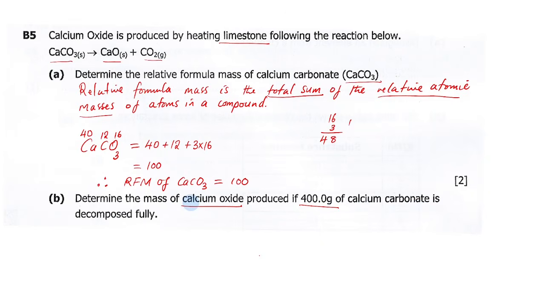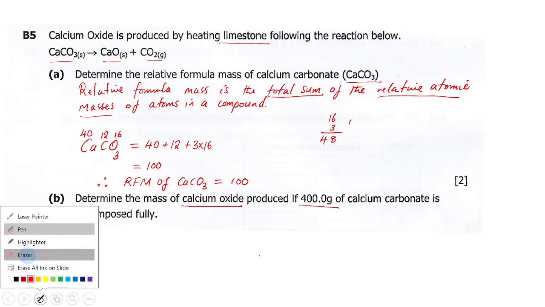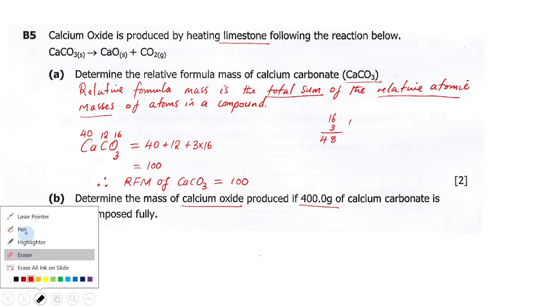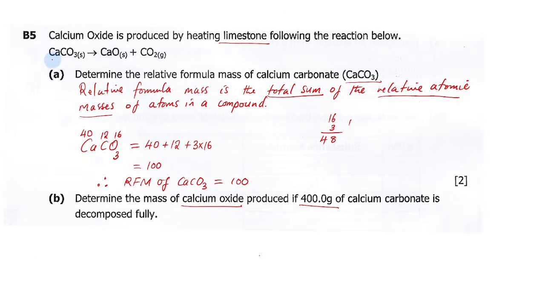So they're telling you to find the mass of calcium oxide that will be produced if you have 400 grams of calcium carbonate and you break it down. How much is it going to produce? You just say X.